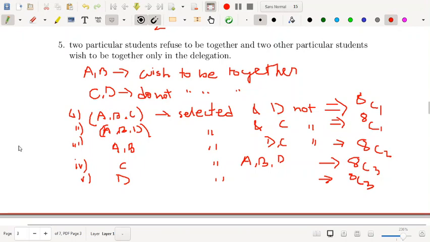And suppose you have a more complicated case with these 4 guys, you just simply remove the 4 guys. So you have the 6th case, ABCD not selected. These 4 guys you just removed, not selected.